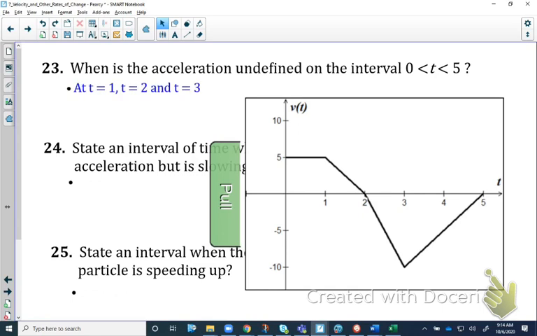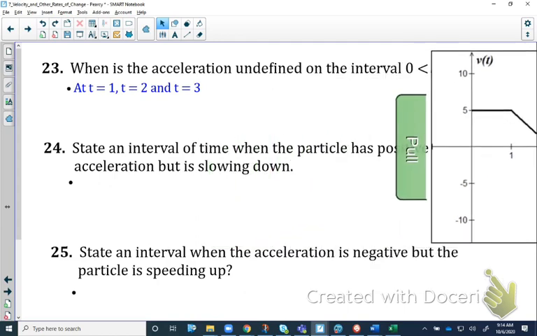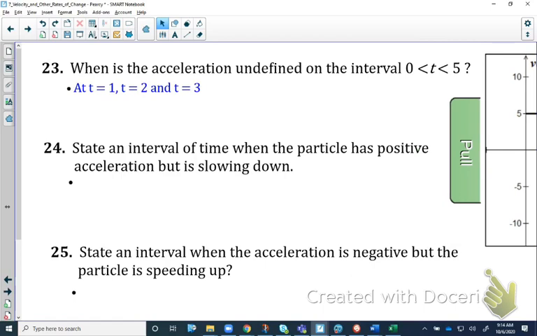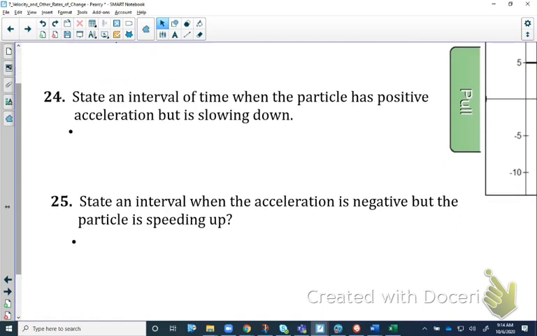So at 1, at 2, and at 3, those are where I have very distinct corners. So those are not going to be differentiable, meaning that the acceleration is not going to be defined at that point.